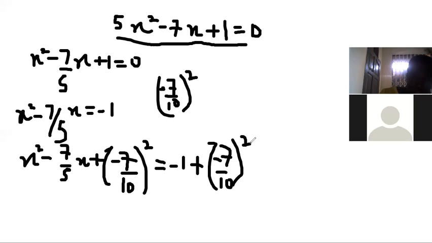I'm going to add to both sides. Sorry, we divided 2 by 5, so here will be 5. Here is supposed to have 5.